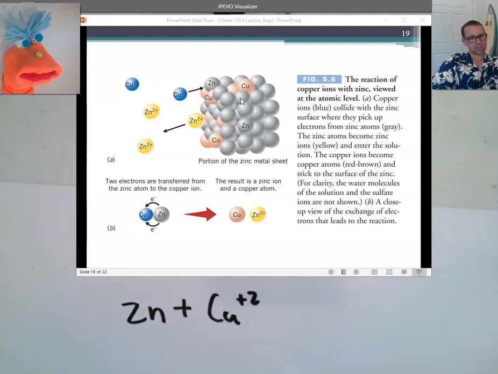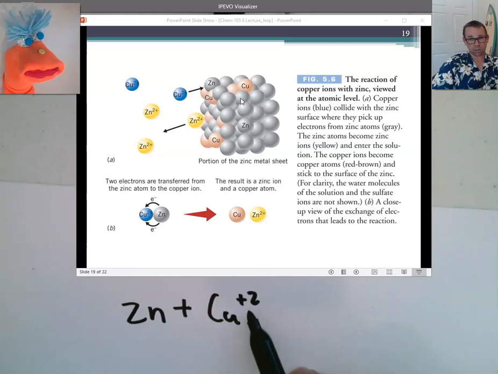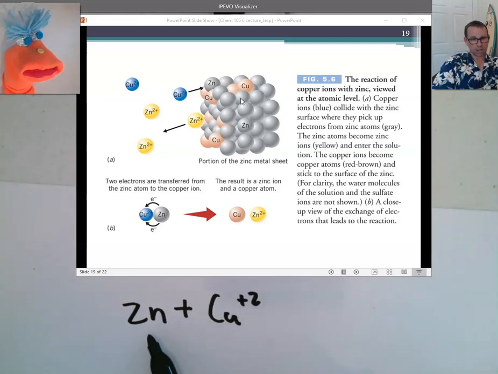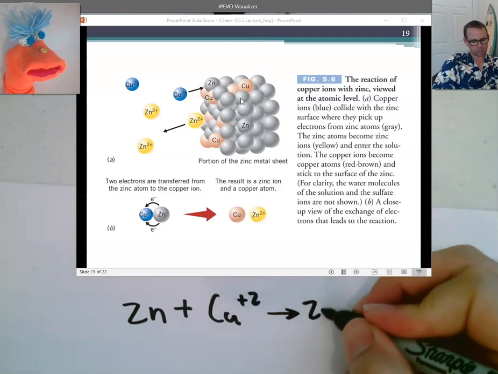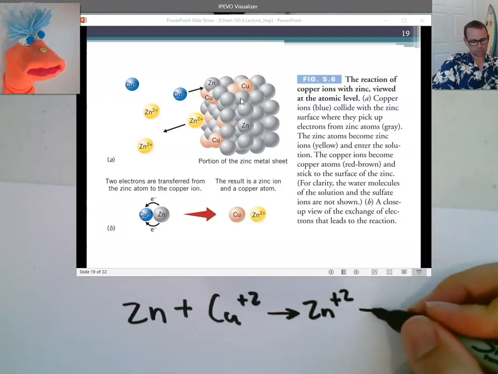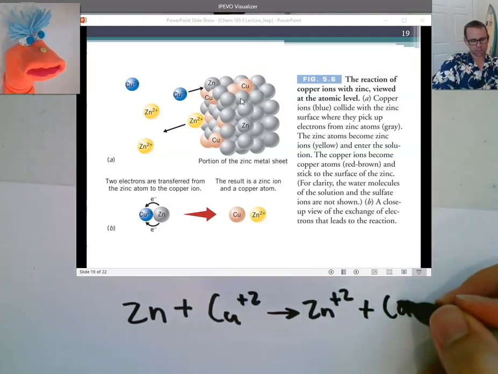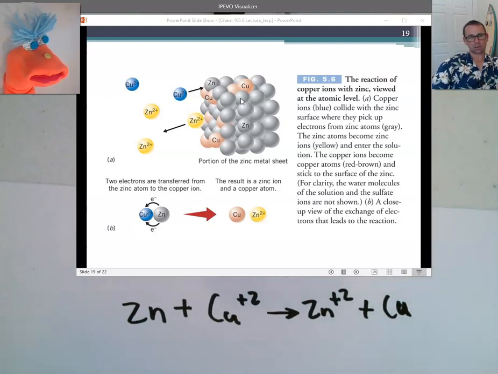Well, the zinc is more active, and so when copper, which has a +2 charge, interacts with zinc, the copper pulls those electrons from zinc, and the result is a zinc ion. And the copper gets those electrons and becomes elemental copper.